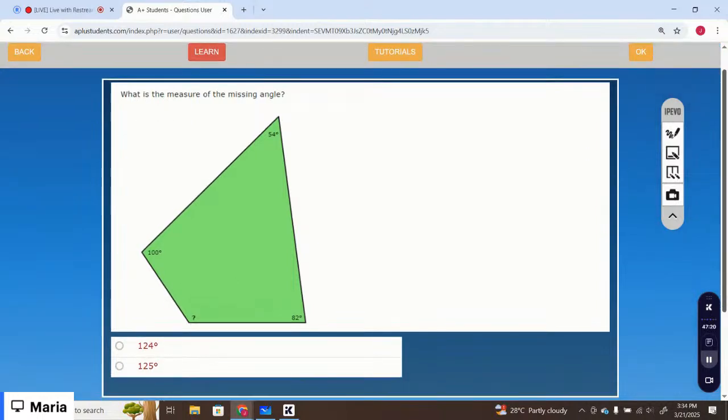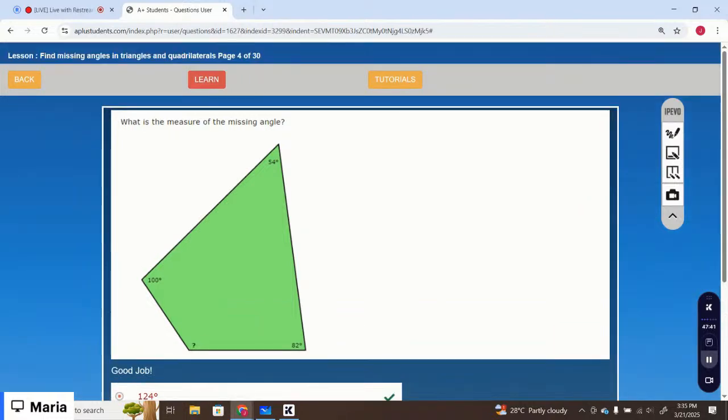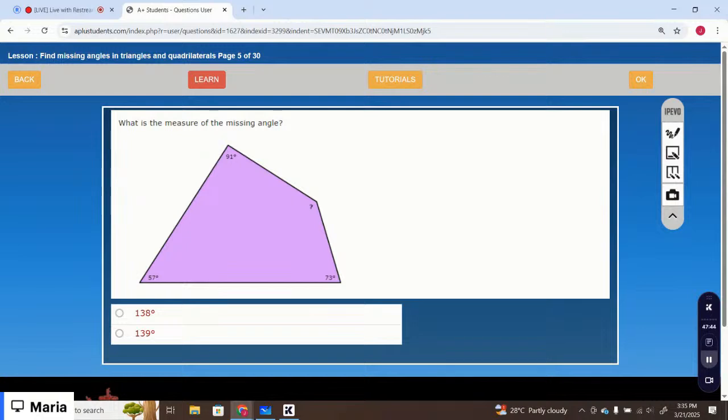What is the measure of the missing angle? That is 100 plus 54 plus 82. That is 236, subtracted from 360 degrees. So that equals 124 degrees. Option number one is the correct option. What is the measure of the missing angle?